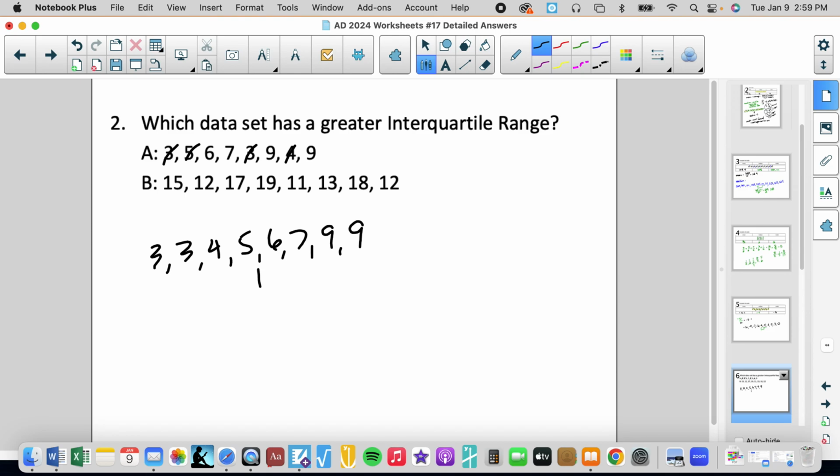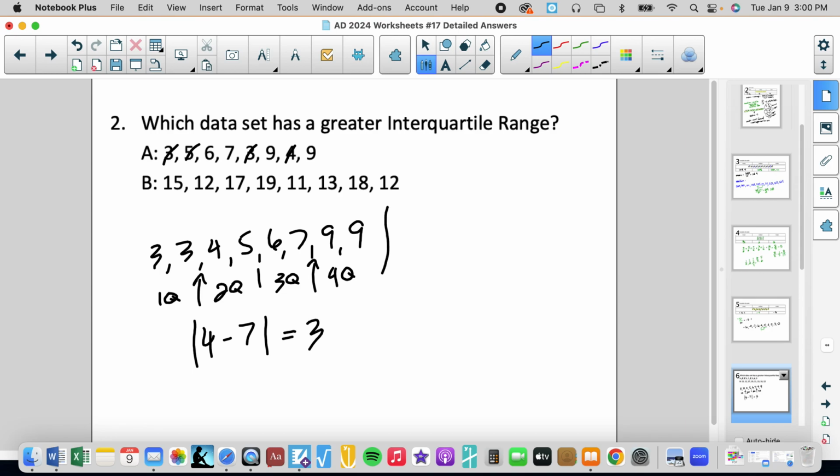So this is the 50 percentile. This would be the 1st quartile, 2nd quartile, 3rd quartile, and 4th quartile. So from here to here, the range would be 4 to 7, absolute value of 4 minus 7, which gives me a range of 3.